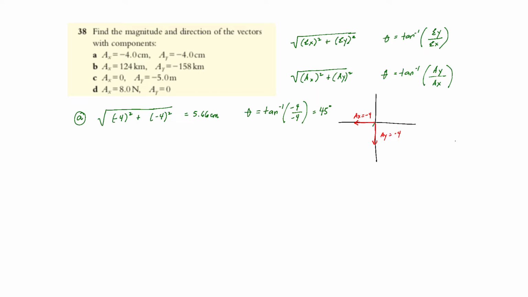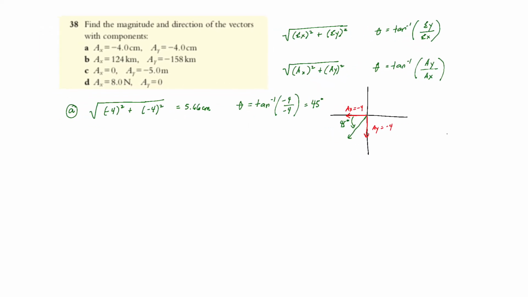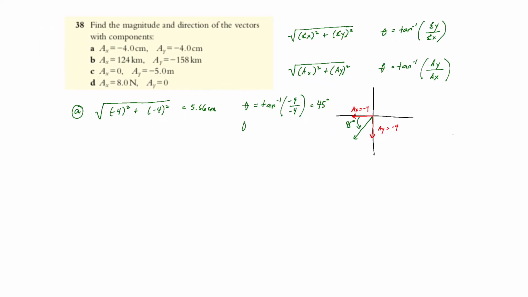What is now the final angle? That is 180 plus 45 degrees, and that gives 225 degrees. So our answer is 5.66 centimeter at 225 degrees. That would be the magnitude and direction of the vector of A.